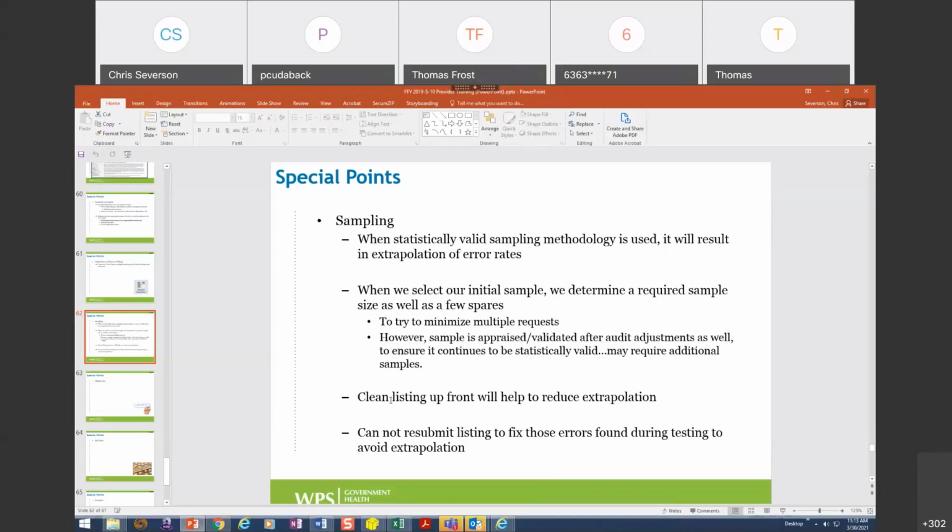Of course, the better we can clean the listing up front, the less likelihood we're going to have to extrapolate some more pervasive error. But once we do the listing, once we select the sample, we won't be able to have another listing to fix those errors. That's why it's so important, and so much time is spent up front to try to get that listing as clean as possible.